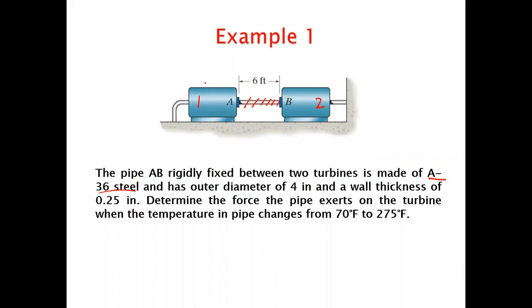So they are giving you the configuration of this pipe, which has an outer diameter of 4 inch and a wall thickness of 0.25 inch. Suppose this is the wall thickness.